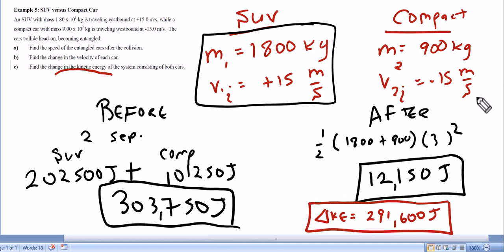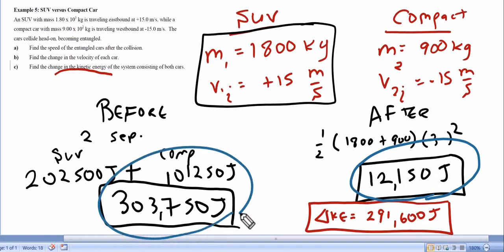Now, to go back to what I was going to tell you a moment ago, if you take this number and divide it by this number, you're going to get 0.04, which means, if I move the two spots over, we only have 4% left of the original energy. We lost 96% of the energy in the collision.